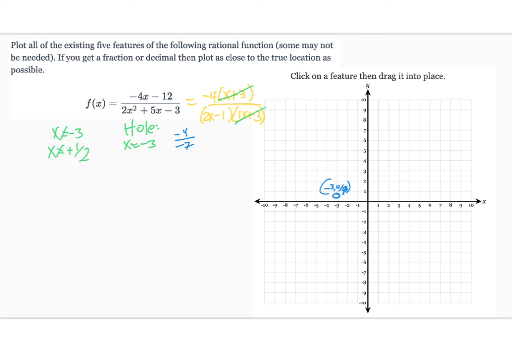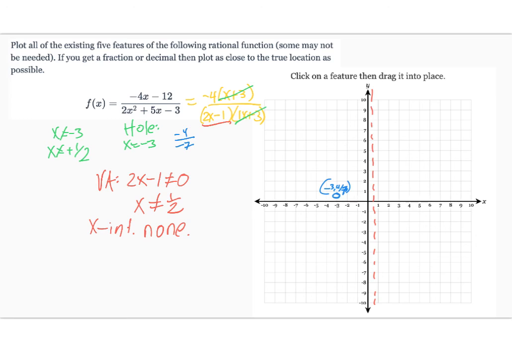Next up, let's do my vertical asymptote. 2x minus 1 cannot be 0, so we get x cannot be a half from that. My x-intercept. There's nothing left on top, so there's none.